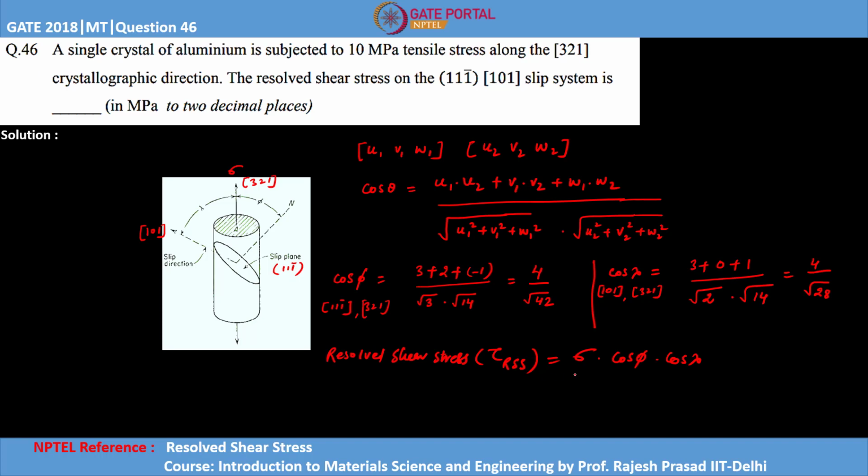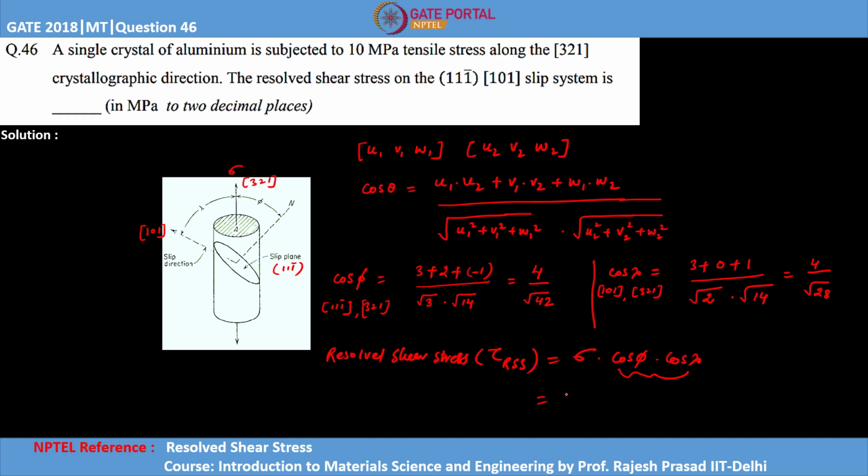This product, cos phi into cos lambda, is sometimes referred to as the Schmidt factor, and multiplied by the applied stress it gives the resolved shear stress. Now we will put in the values of sigma, cos phi and cos lambda.